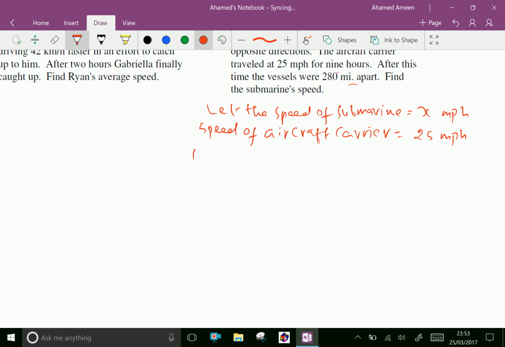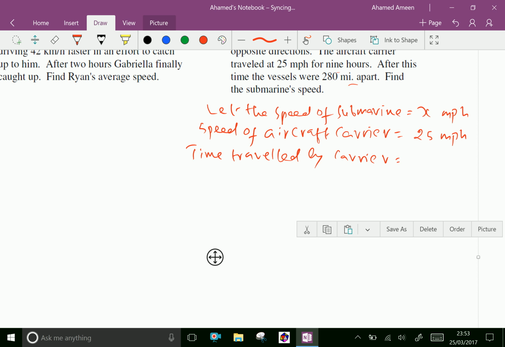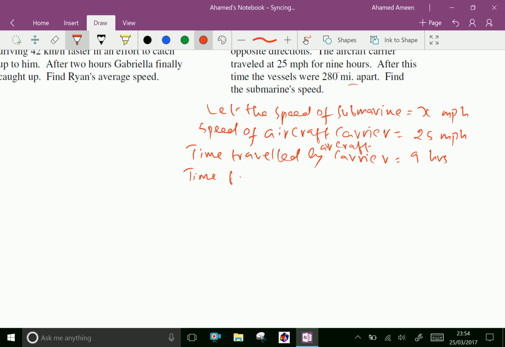The time traveled by aircraft carrier equal 9 hours. Time for submarine equal 9 plus 2 hours, because it's 2 hours more.